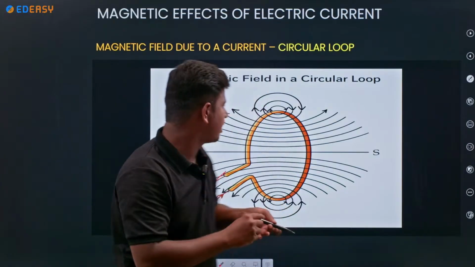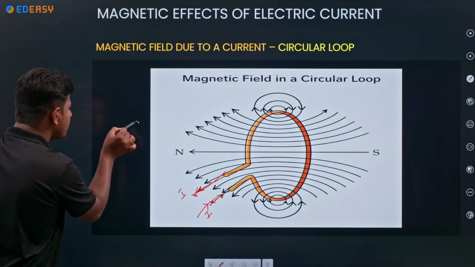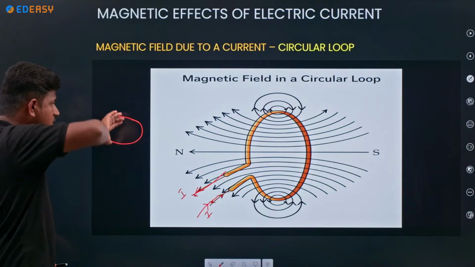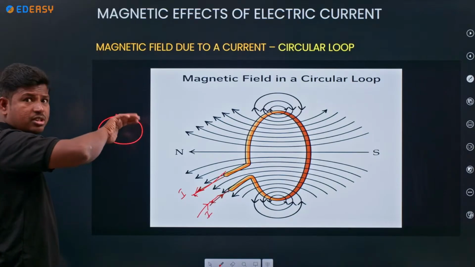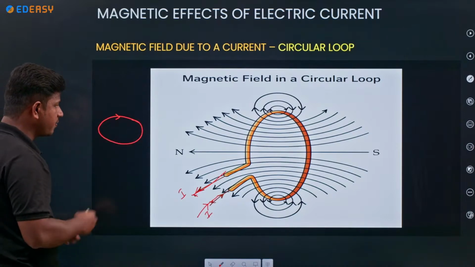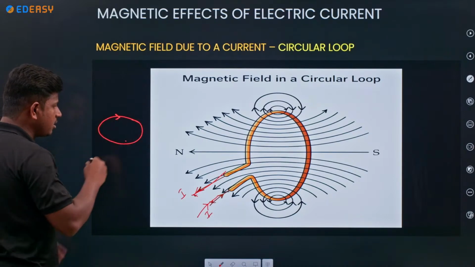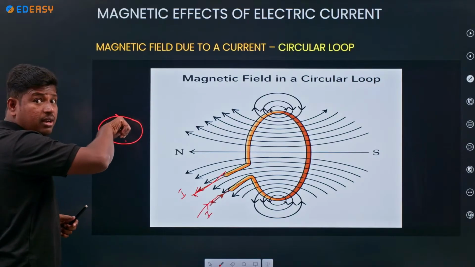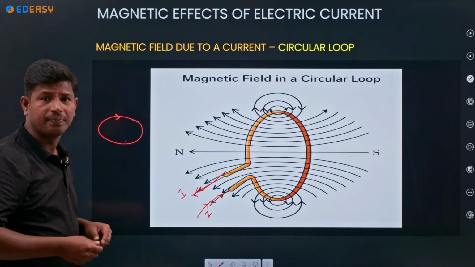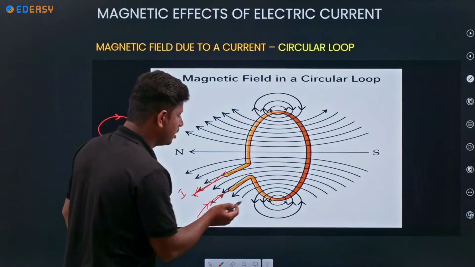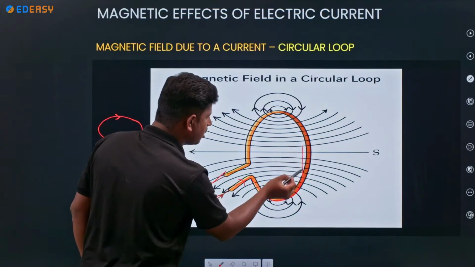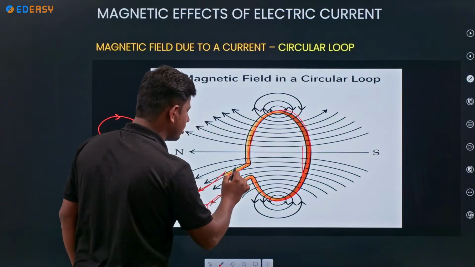If I take a circle like this and current is passing, the curled fingers represent the current, passing like this. And how will the magnetic field be? Perpendicular. Here the current is entering and here it is passing.